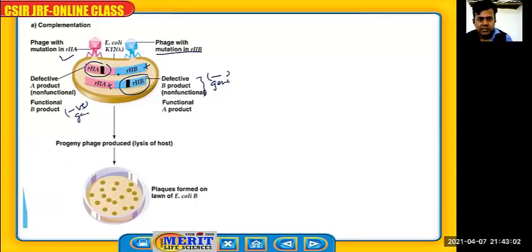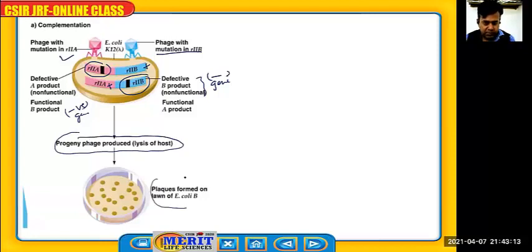If they are showing the complementation effect, then you can see the progeny first produce the lysis of the host. Based on the plaque formation, you can count the plaques, 12 or 30 or 50, and based on the plaques you can analyze what is happening internally, whether they are showing the complementation or not.